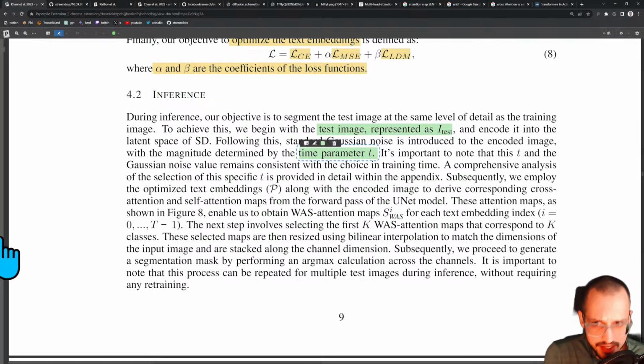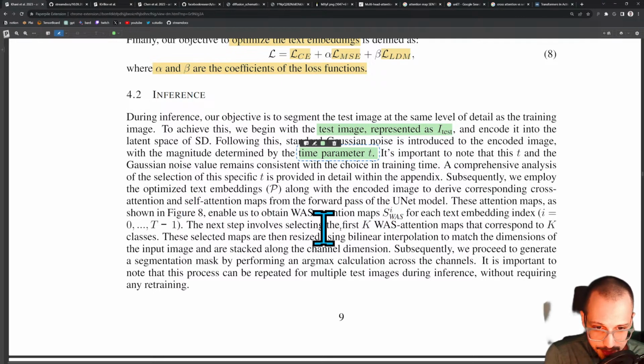It's important to note that this t and the Gaussian noise value remains consistent with the choice at training time. A comprehensive analysis of the selection of the specific t is provided in detail. Subsequently, we employ the optimized text embeddings along with the encoded image to derive corresponding cross-attention maps from the forward pass. These attention maps are shown to enable us to obtain this S_i^WAS for each text embedding.